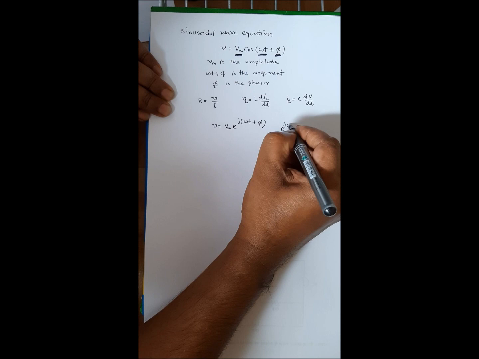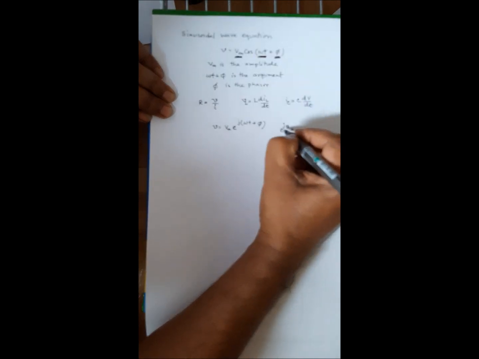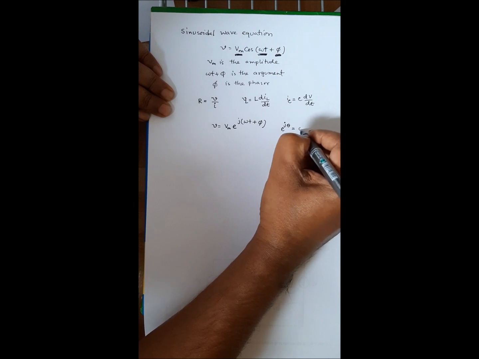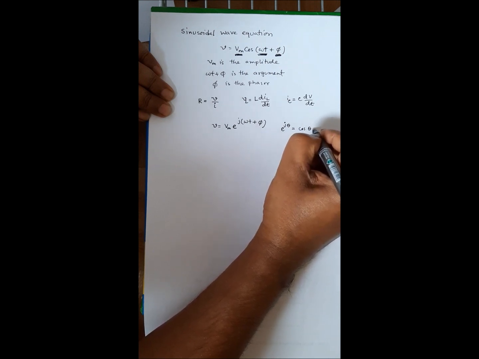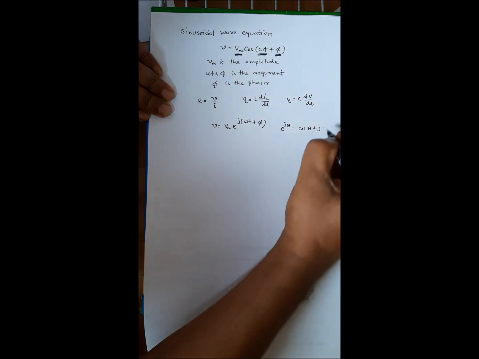Euler's formula gives us this expression: e to the power j theta equal to cosine theta plus j sin theta.